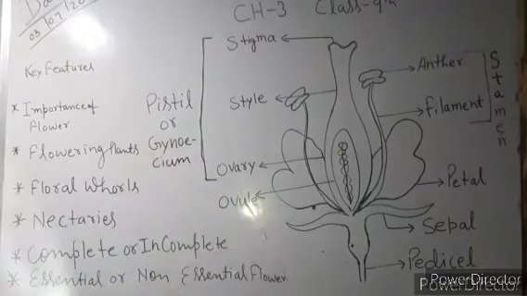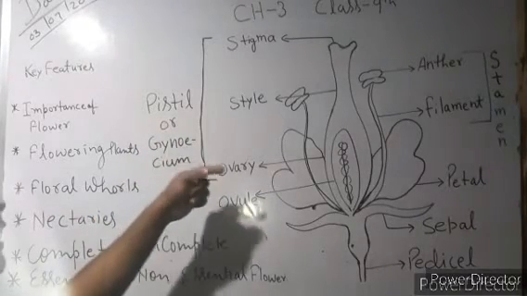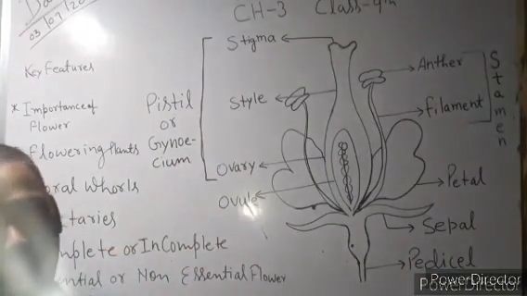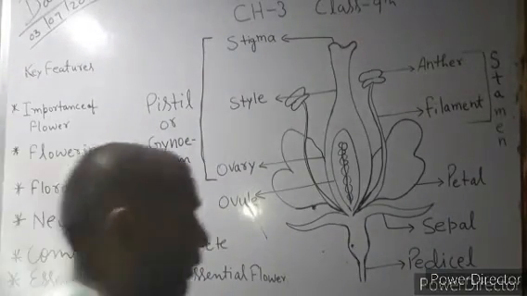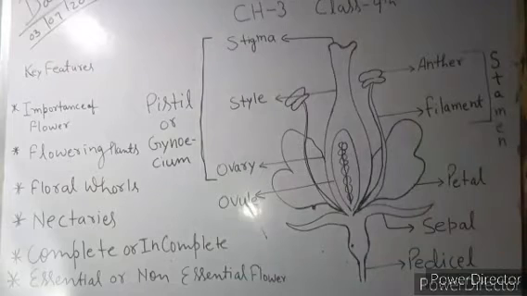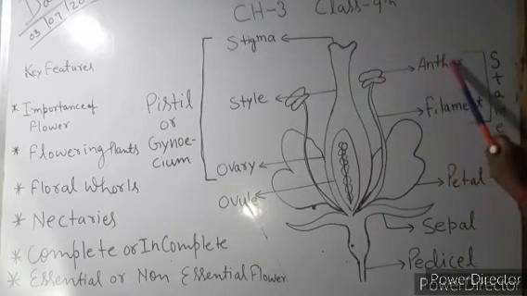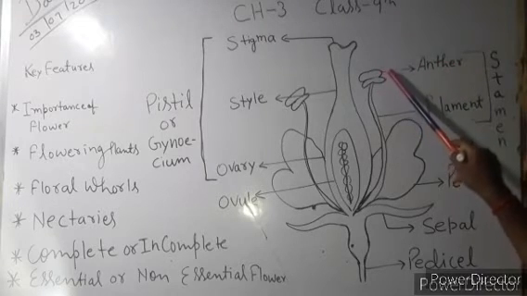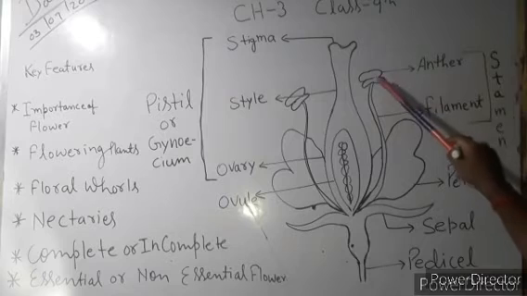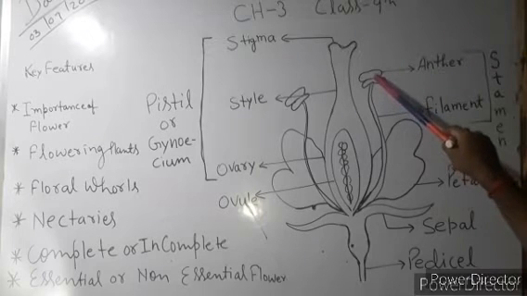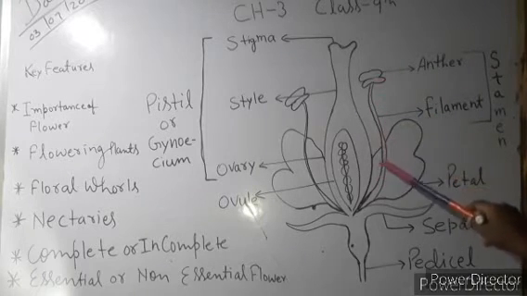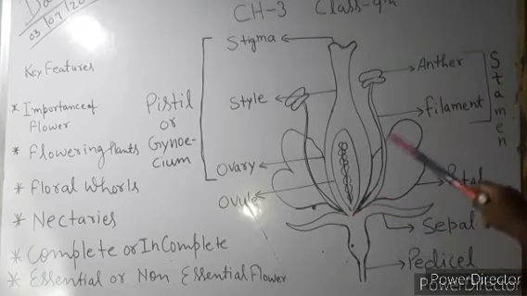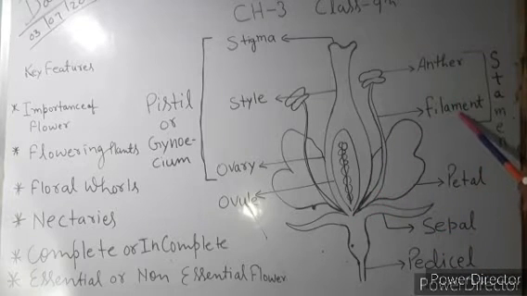A gynoecium or pistil is the female part of the flower. Now, if we see the male part, it is the anther. It is a bilobed structure, and the part attached to the basal part of the flower is known as the filament.